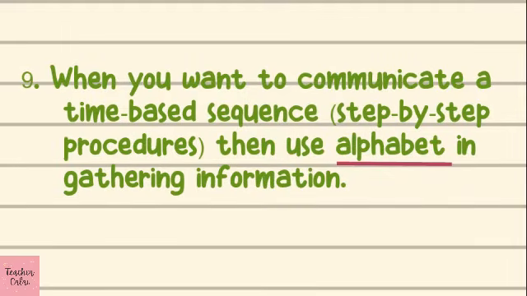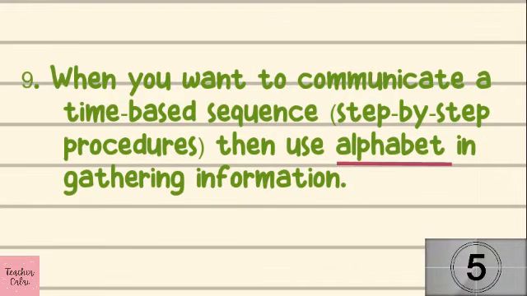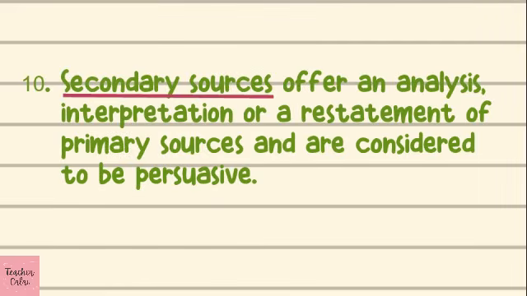When you want to communicate a time-based sequence or step-by-step procedures, then use alphabet in gathering information. And last, number 10, secondary sources offer an analysis, interpretation, or a restatement of primary sources and are considered to be persuasive.